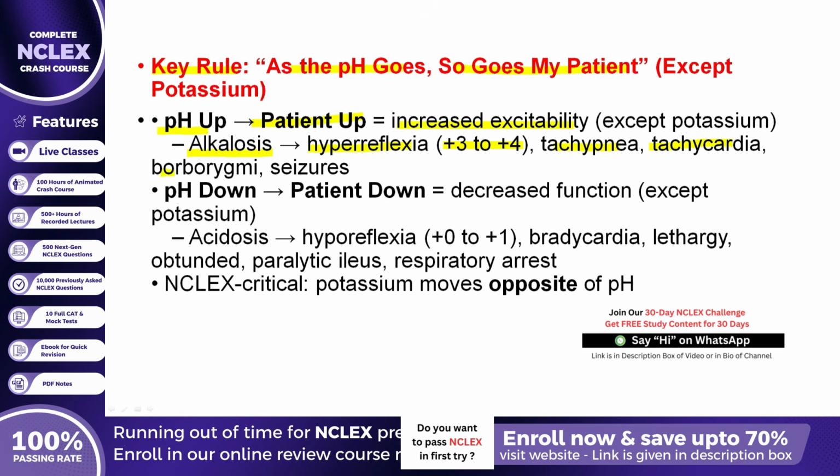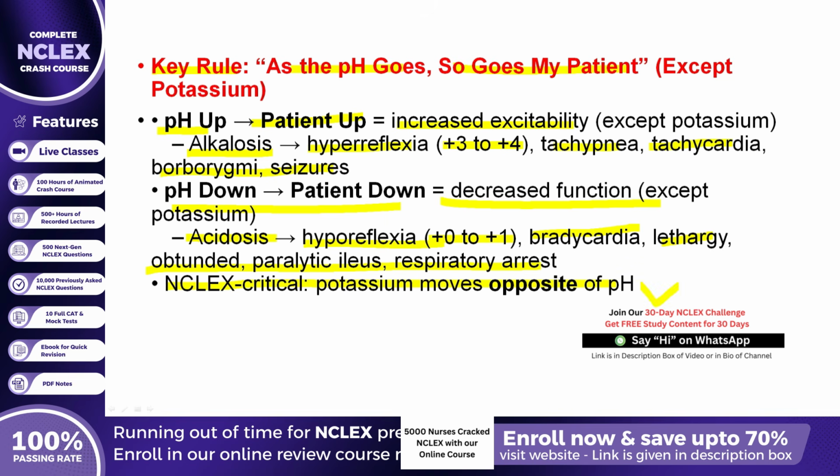When pH goes down, the patient goes down, meaning there is decreased function, except for potassium, and that is why acidosis causes hyporeflexia, ranging from 0+ to 1+, bradycardia, lethargy, an obtunded mental state, paralytic ileus, and respiratory arrest. And the NCLEX critical point here is that potassium moves in the opposite direction of pH.